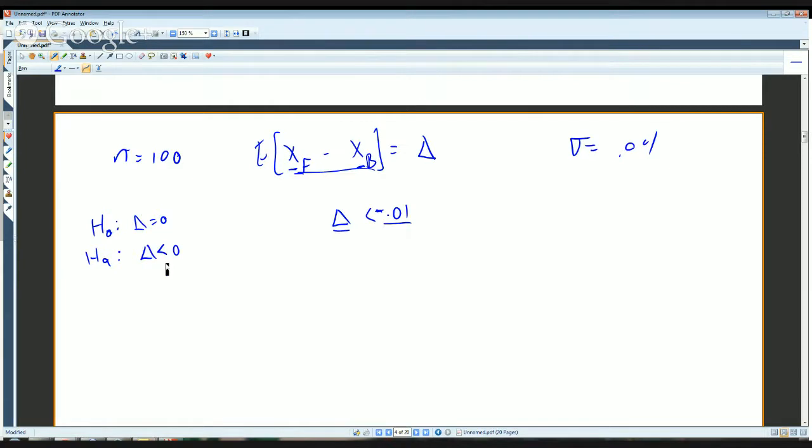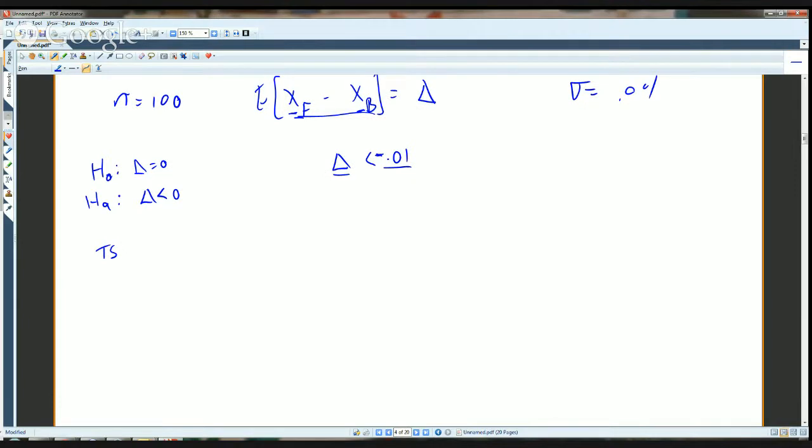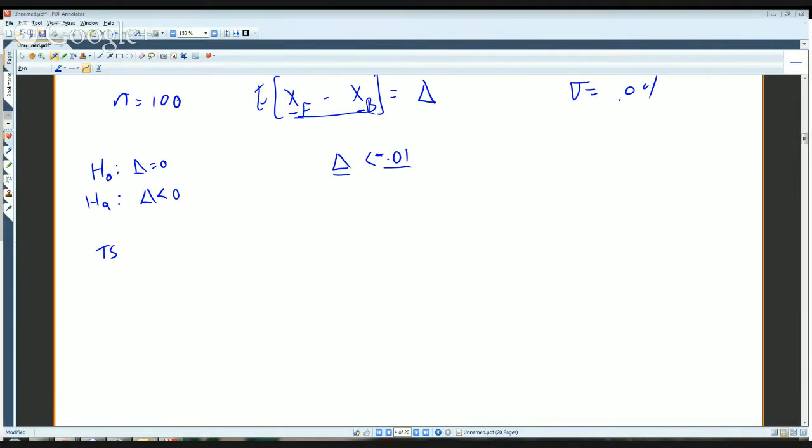Okay, so power. So in our test statistic in this case, and we're assuming... what would be the power of the study of a 5% one-sided test?